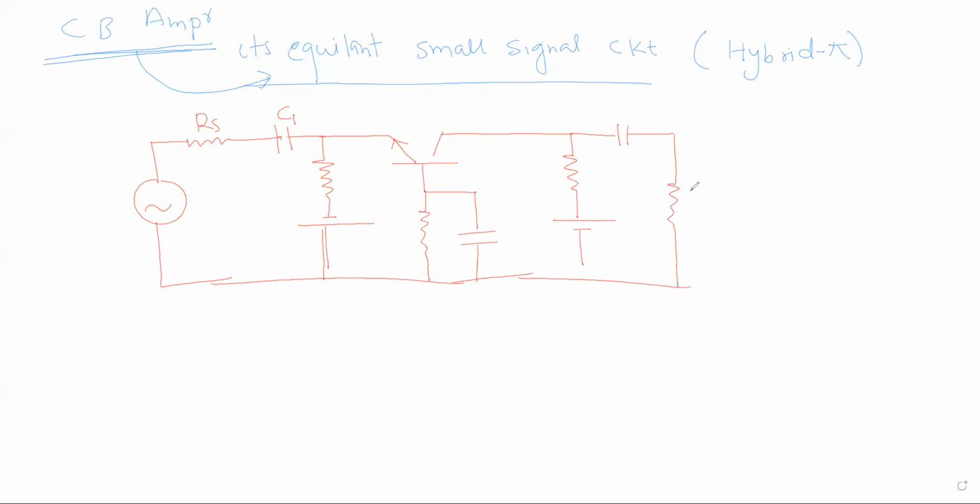It provides the shortest path to AC and blocks DC. And one more capacitor, C2, is also known as a blocking capacitor. This is R3, that is your VCC, that is your VEE.